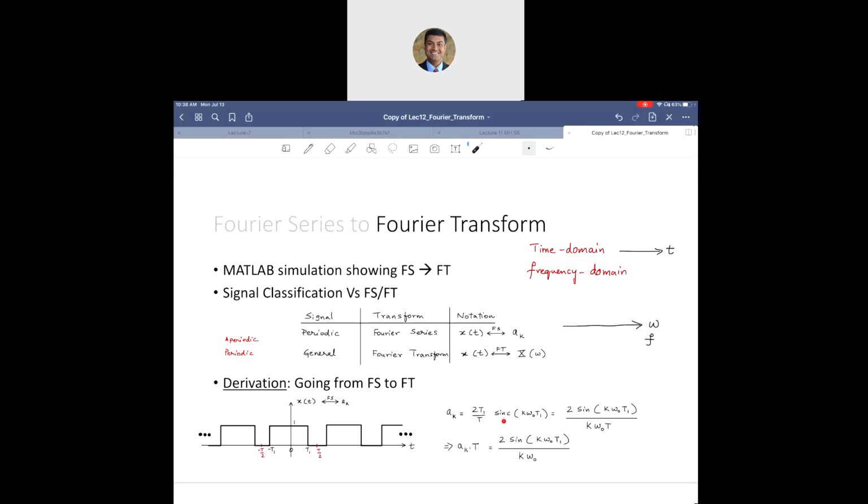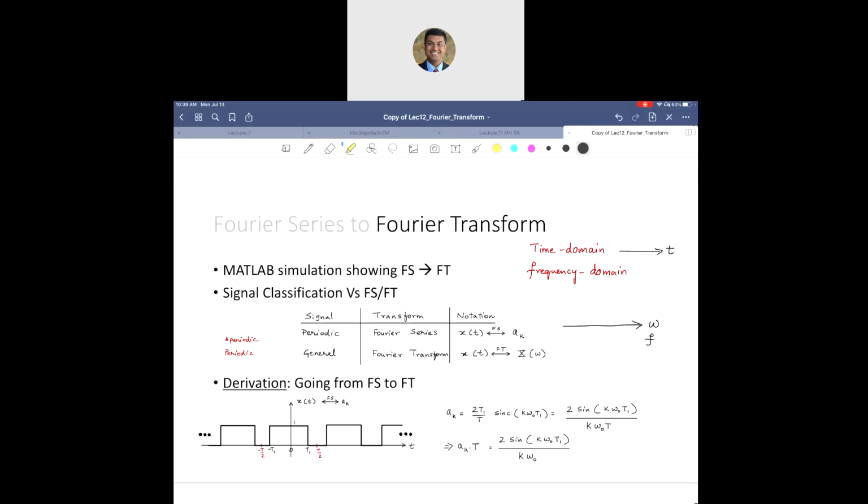Because we know sinc x is sine x over x, I can rewrite 2T1 divided by T sinc(k omega naught T1) as 2 sine(k omega naught T1) divided by k omega naught T. I'm simply using the definition of sinc to go from here to here.